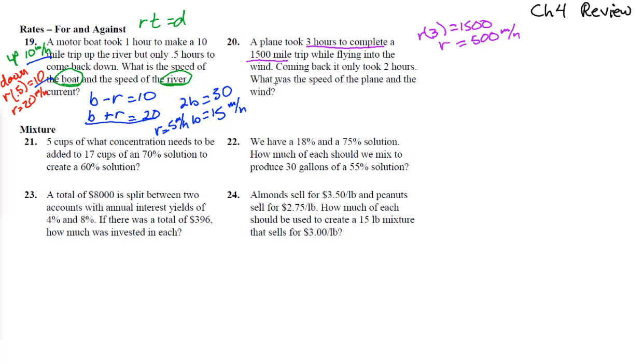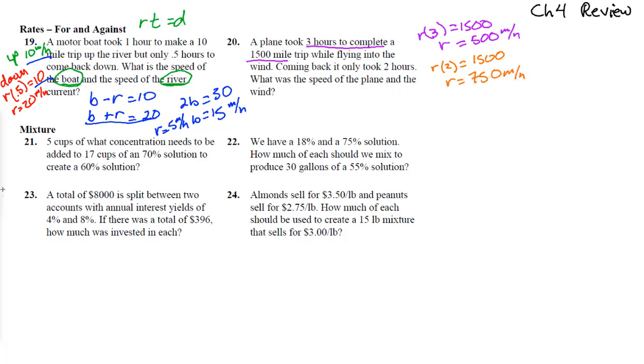And coming back, it only took 2 hours. So if we do this with a different color, coming back, that means the wind is behind it. It only took 2 hours. So rate times 2 would be 1,500. We get the rate is 750 miles per hour.